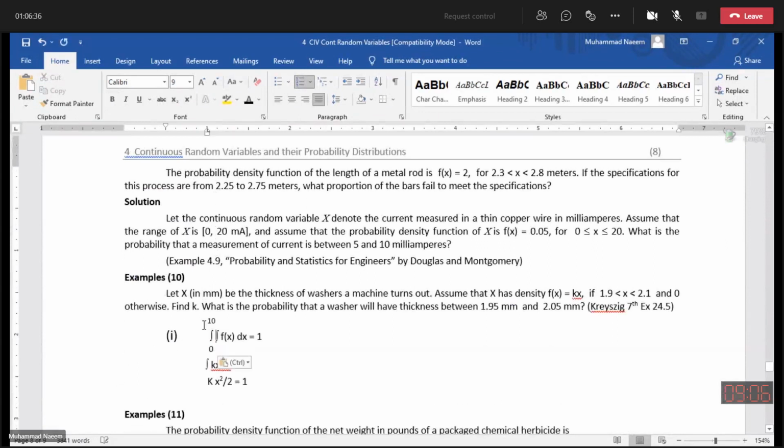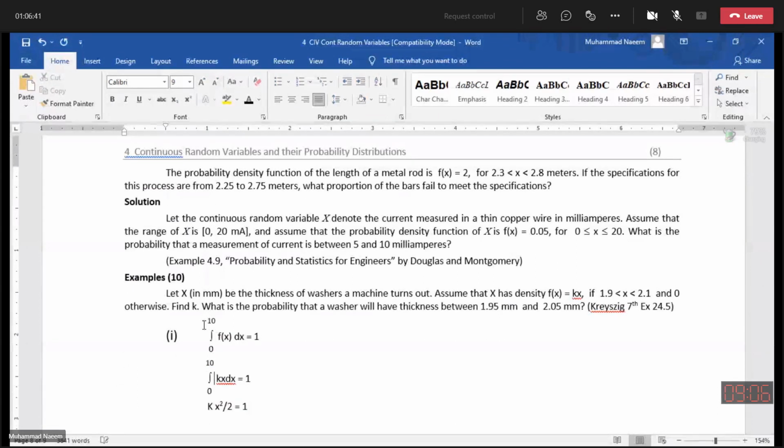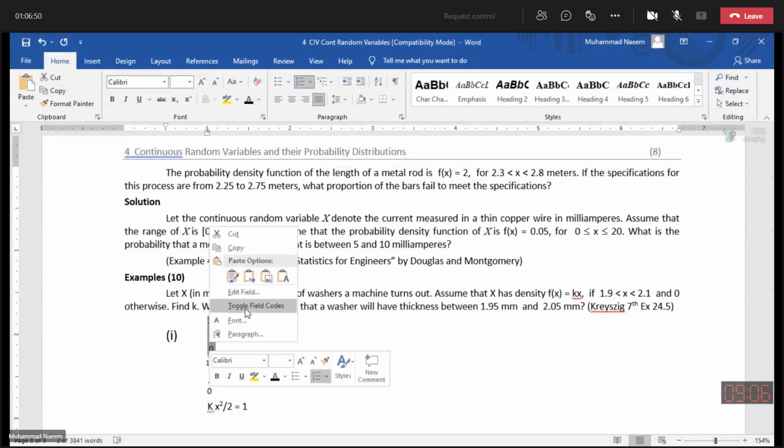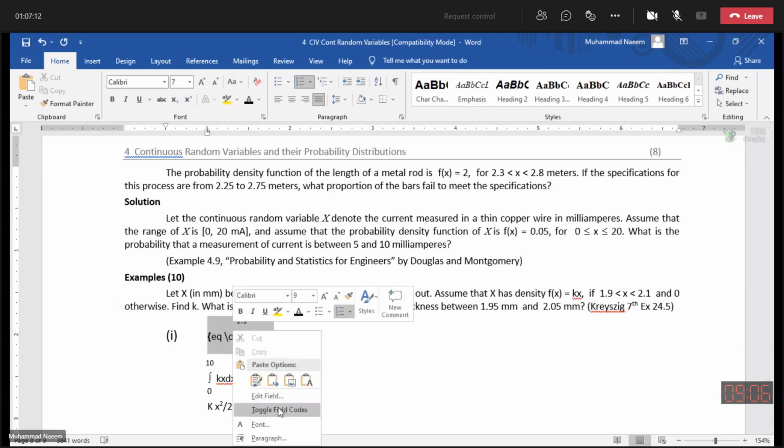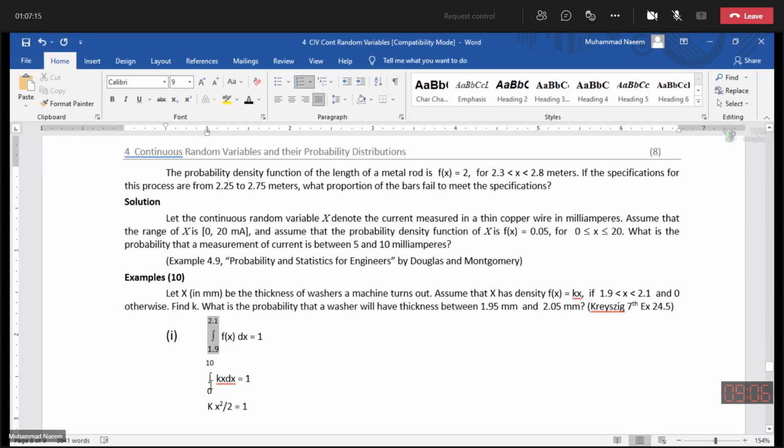Okay, the range in our problem is from 1.9 to 2.1.